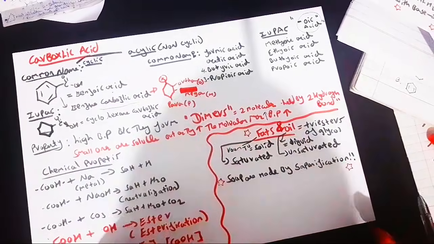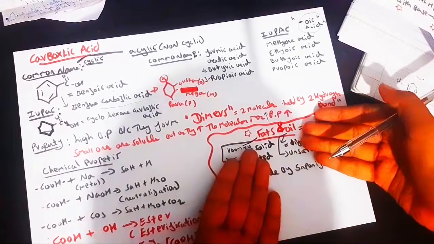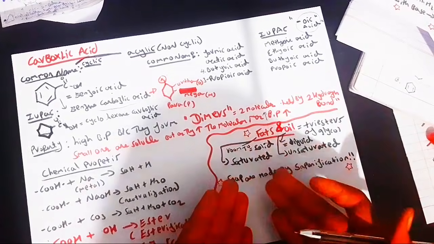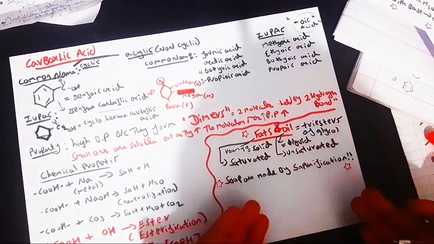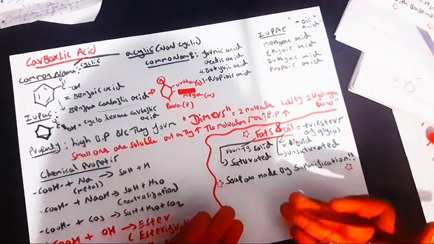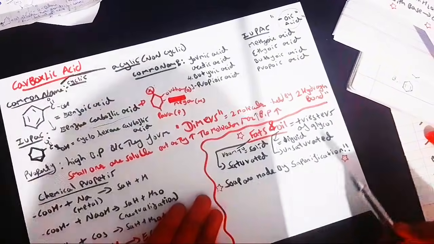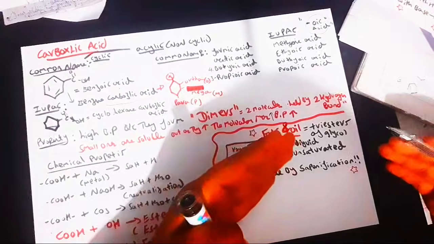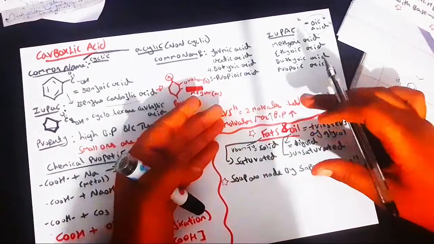The difference is that fats are saturated and oils are unsaturated, which means that at room temperature fats are solids, but at room temperature oils are liquid. Because oils are unsaturated, they are going to be liquid at room temperature. The key difference is here.